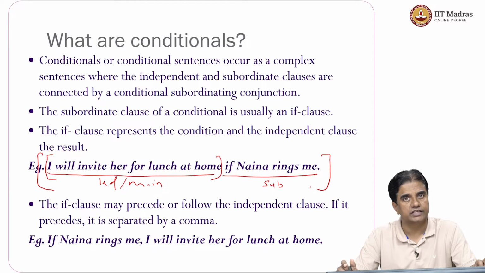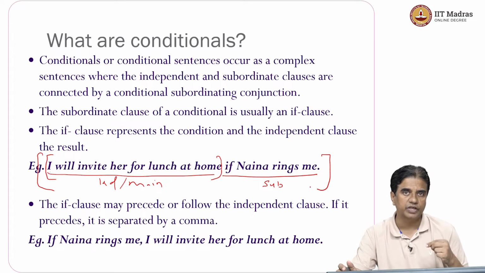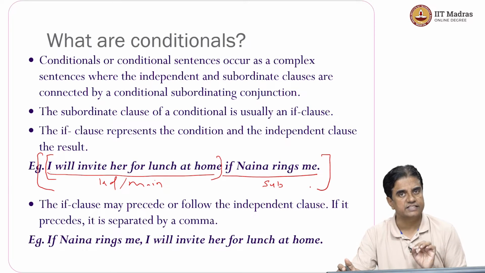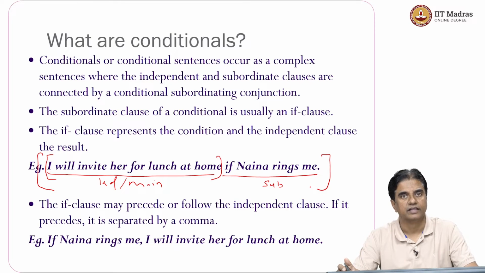We will look at the nature of complex sentences in some other class, at some other time. At this moment, let's focus on conditional, and in the process we are going to look at a complex sentence because, as we mentioned in the beginning, most often a conditional sentence is an example of a complex sentence. In other words, it will have both a subordinate clause and a main clause.